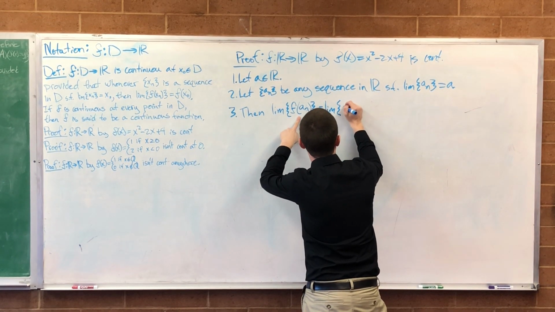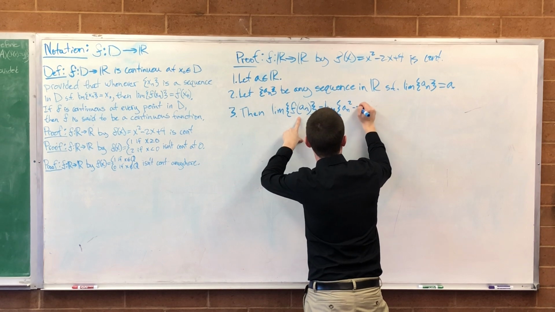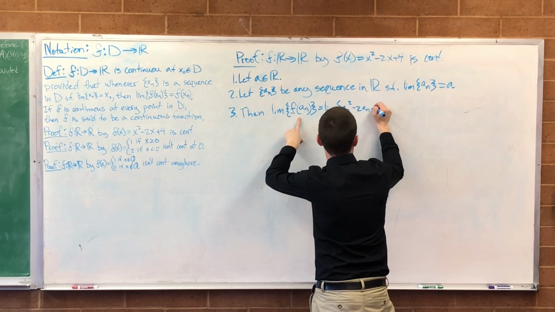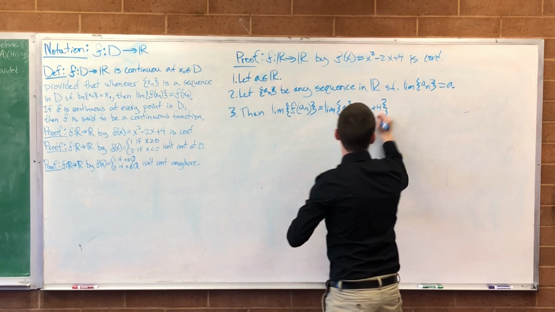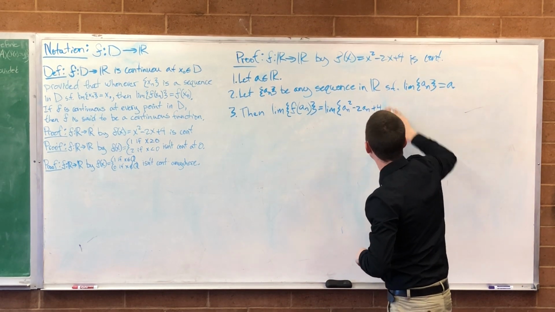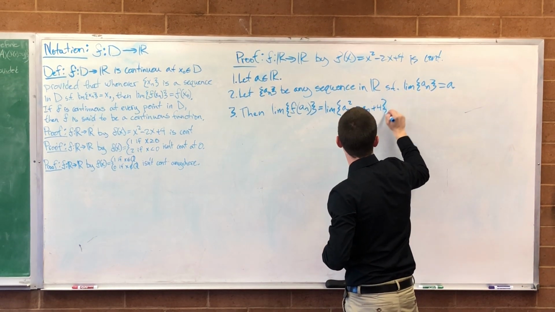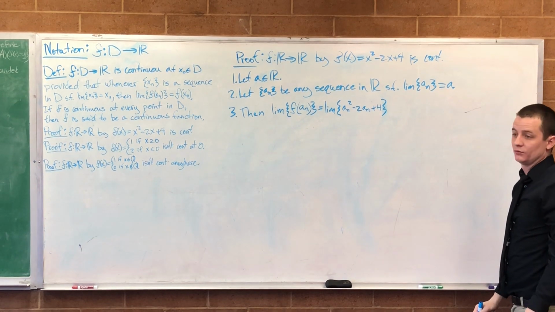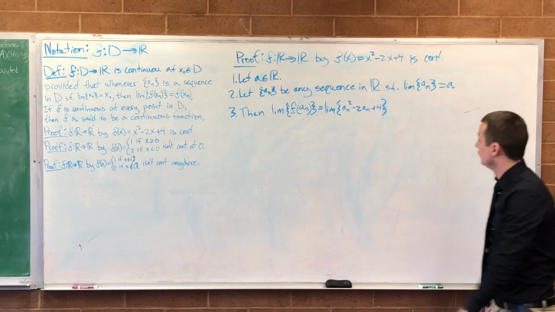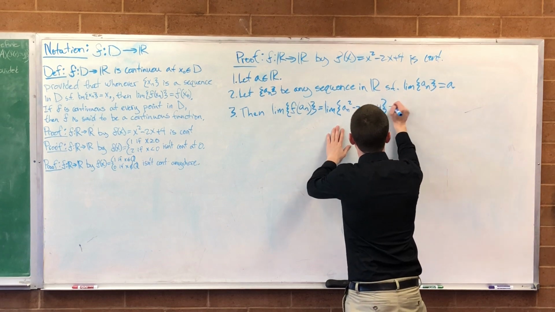That's just going to be a sub n squared minus 2 a sub n plus 4. Good so far? The limit of this is the limit of this. Now what do we know?